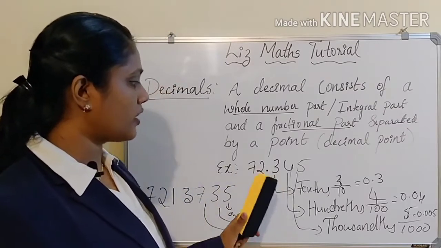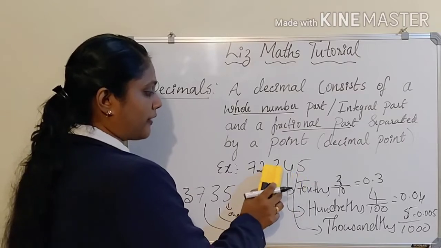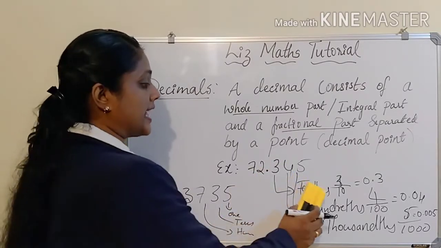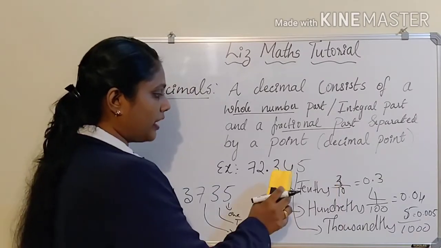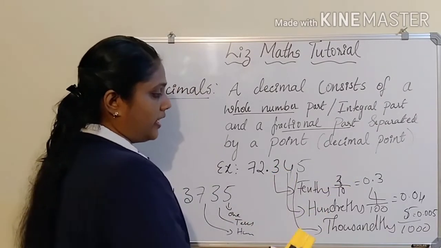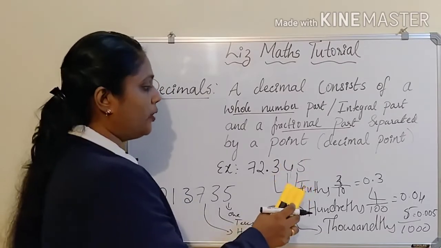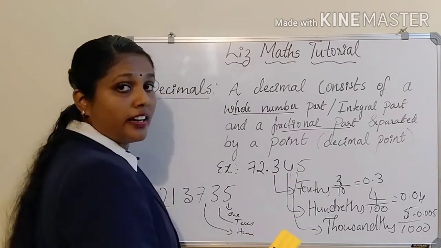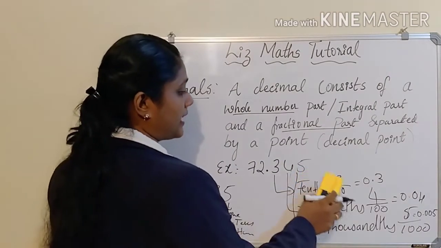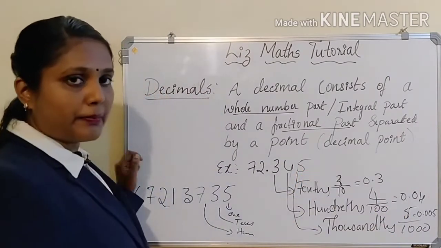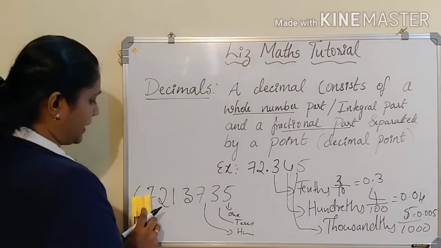Just to understand the concept, the value right after the point is tenths, that is 1 by 10; if it is 3 there, that is 3 by 10. Now the hundredths place value, and then the thousandths place value, that is 5 by 1000. I hope you understood. I'll explain with examples, then it will be clear to you.